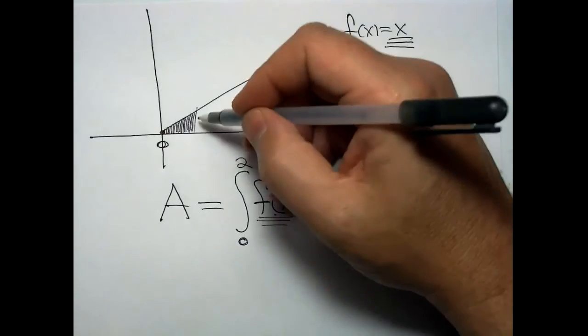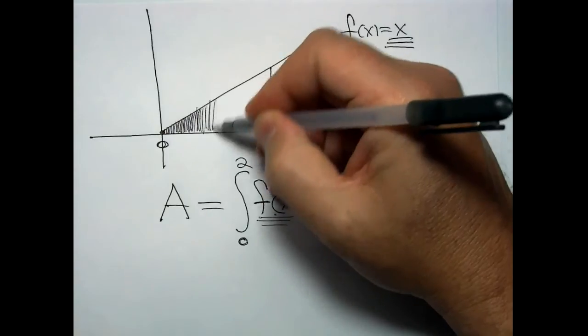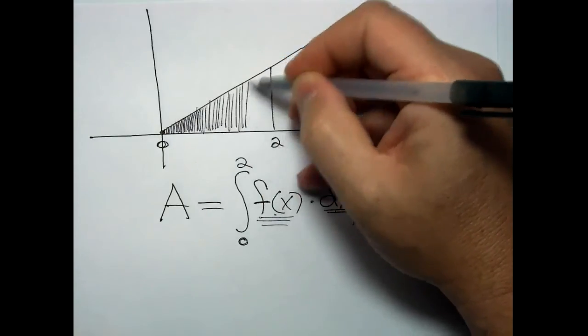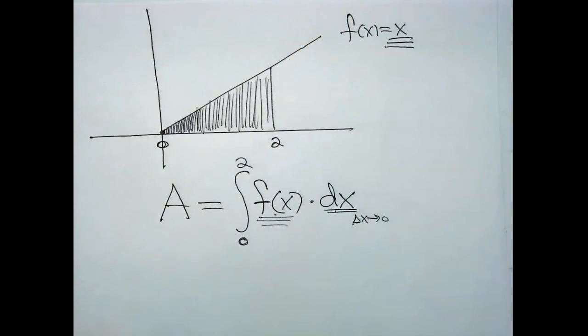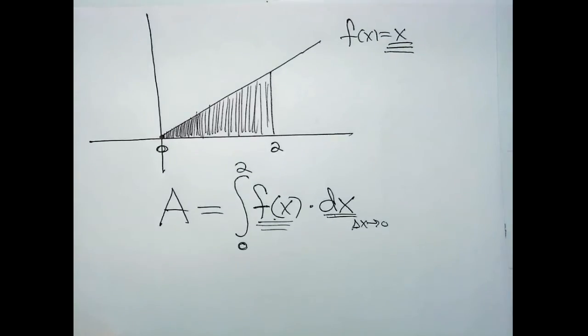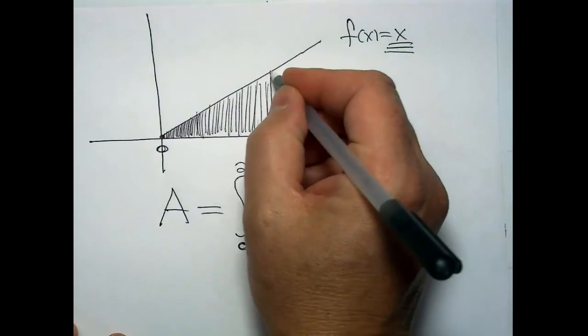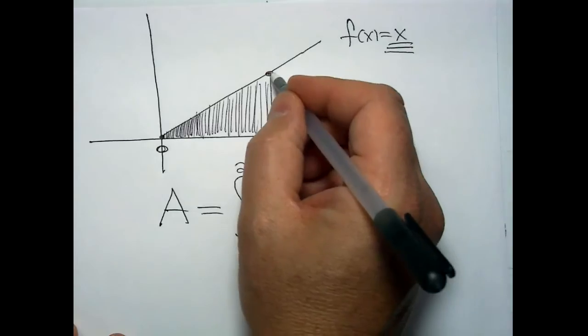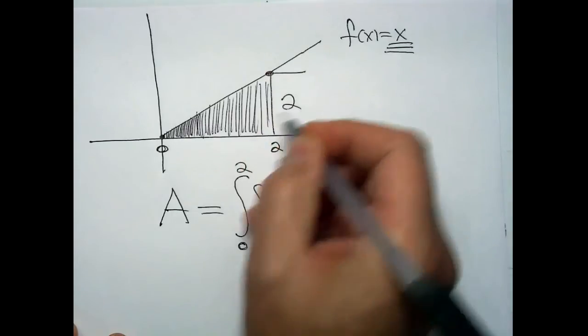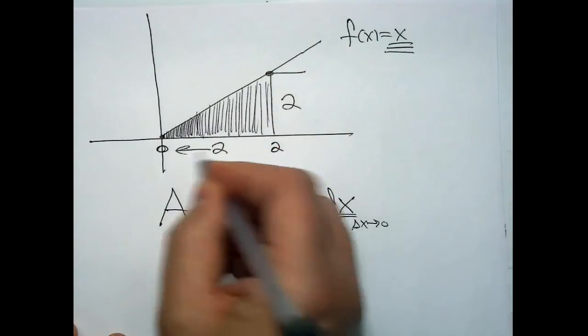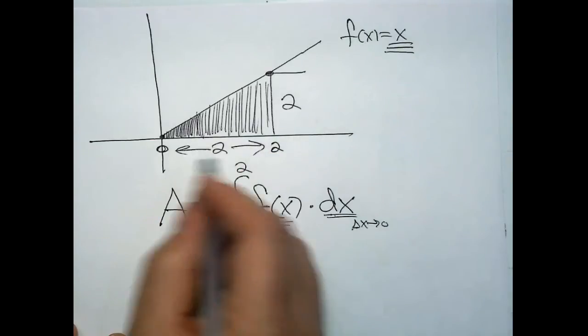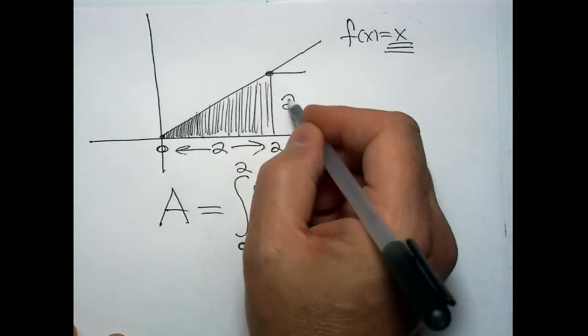Now, I'm not going to use the limit method. I'm not going to use calculus because we have a geometric formula for this. We don't need anything fancy to find the area of a triangle. So from 0 to 2 is 2, but f of x is x, so the height is 2.